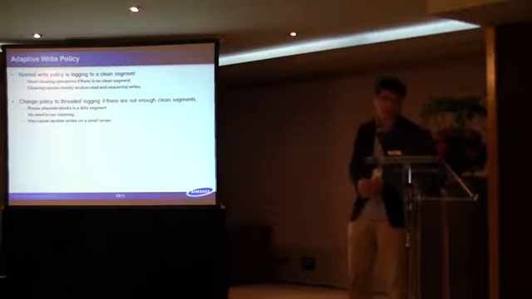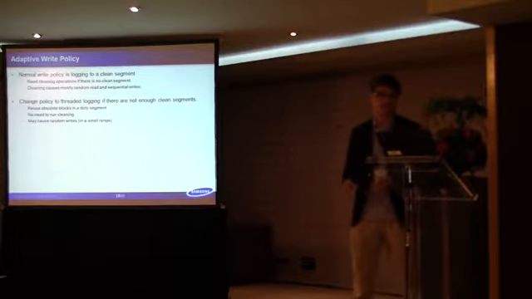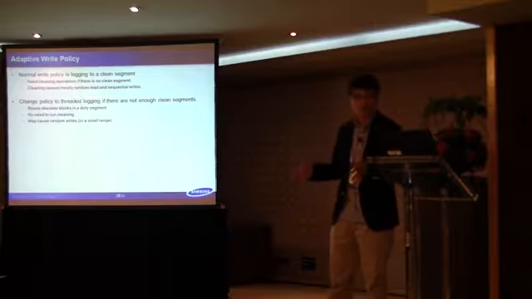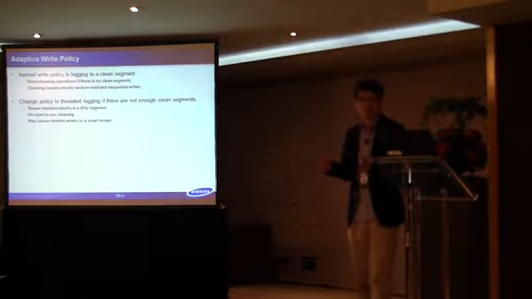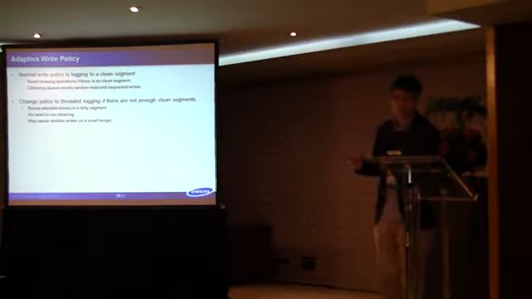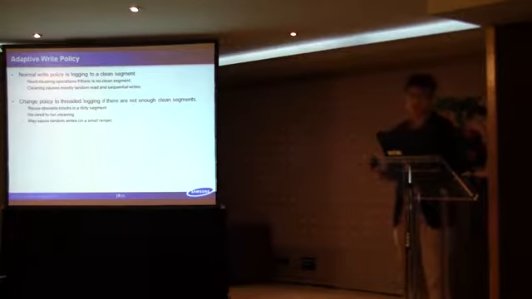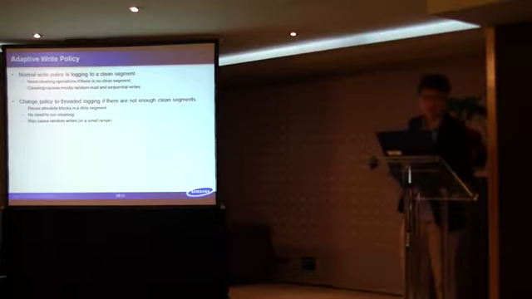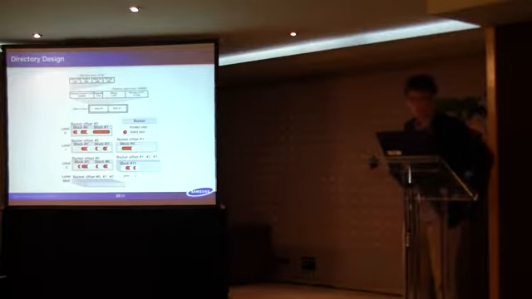But we have some chance for optimization inside the FTL because the random write range is a very small range. So the FTL can have some choice for optimizing the small range random write.